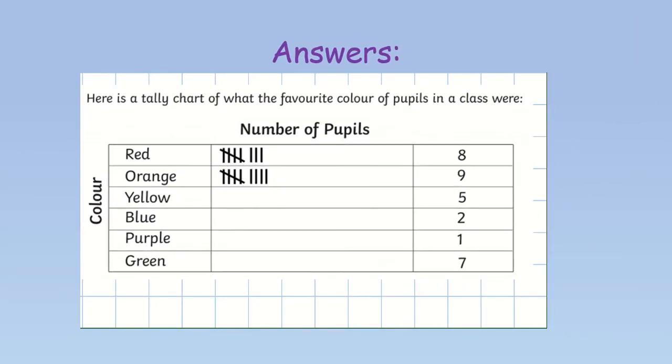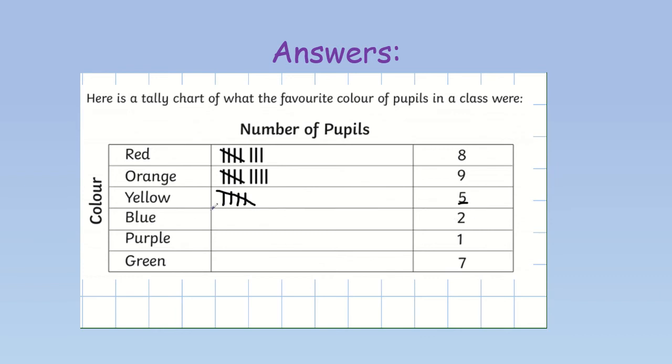So now let's check that you completed your tally chart the same as I have. Red and orange were completed for us, so they should be copied the same as they appear here. Yellow, we had 5. So 1, 2, 3, 4 and a gate shows us 5.